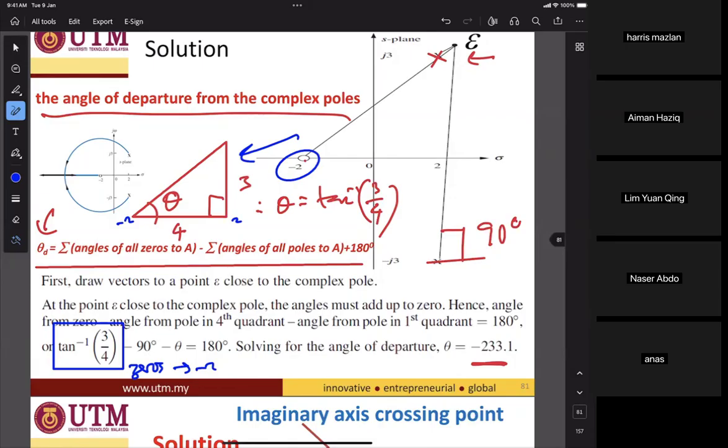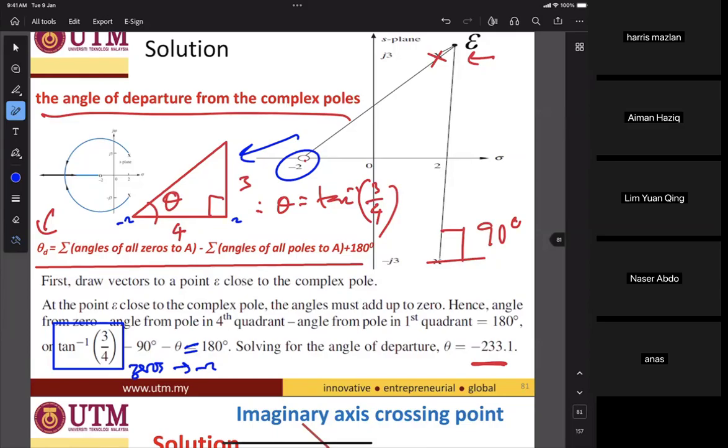But how is it related to the red noted formula?